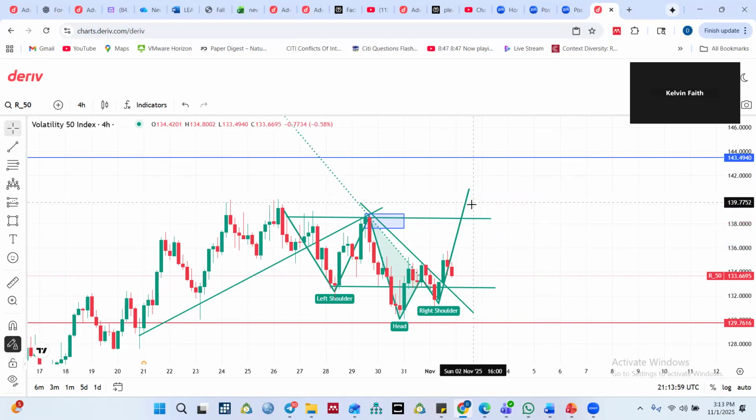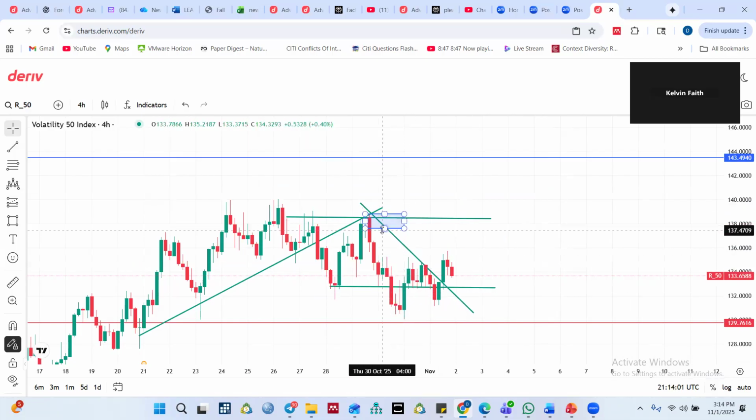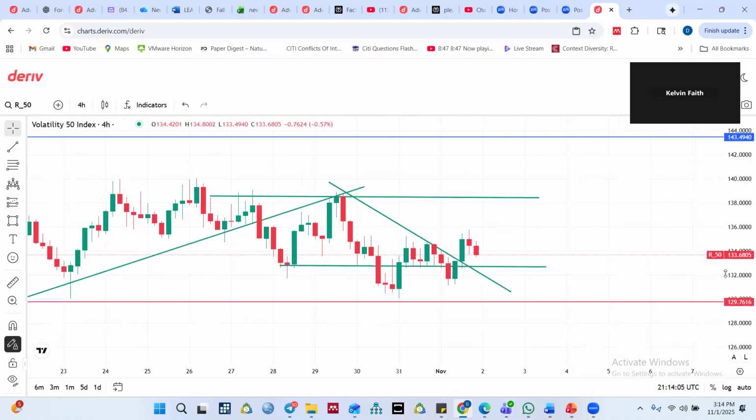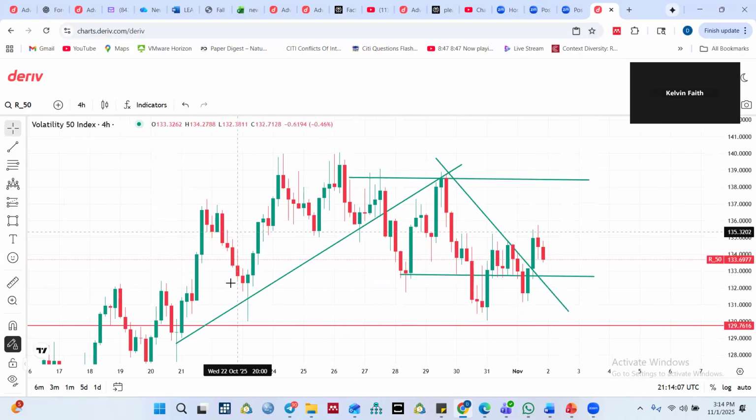So that is what we should be looking for in this double head and shoulder formation, bearish one and bullish one.